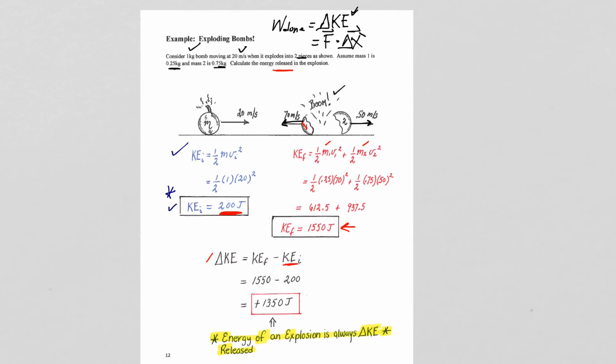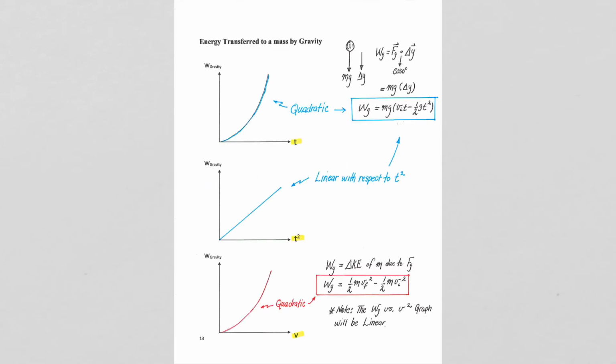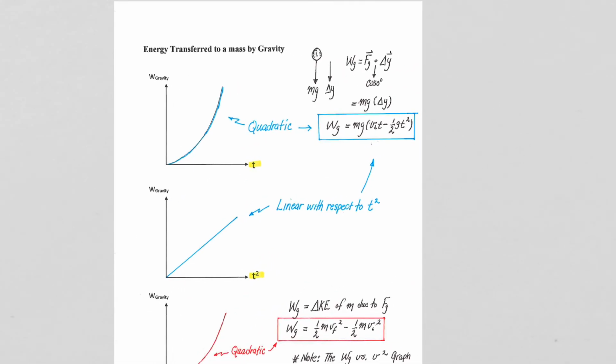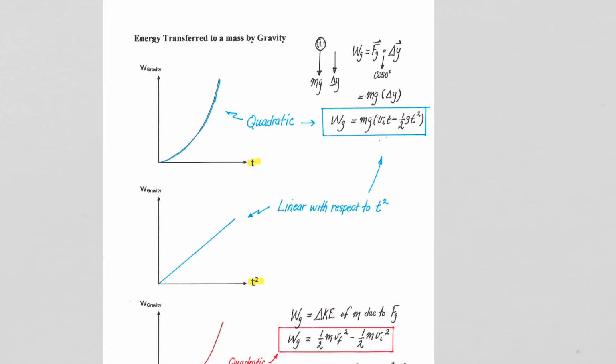Okay, one final example that I want to talk with you about, and that's looking at what gravity does specifically to an object in free fall. These problems have appeared on multiple AP tests, both as multiple choice questions and as part of free response questions. What's really important, anytime you're looking at the energy transferred to a mass by gravity, is that you absolutely have to pay close attention to what they're giving you to plot on the y-axis and specifically on the x-axis.